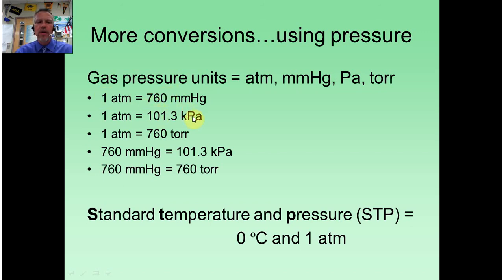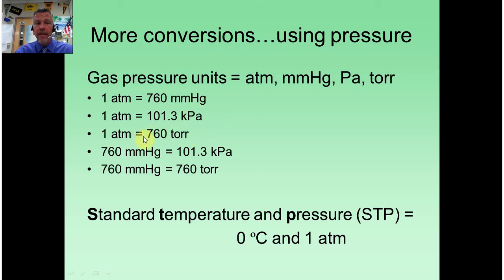There's another unit called, well, I said Pascal up here, it's really called a kilopascal, or thousands of pascals. And 1 atmosphere is the same as 101.3 kilopascals. And then there's a fourth unit called a torr, and interestingly, it has the same basic size as a millimeter of mercury.